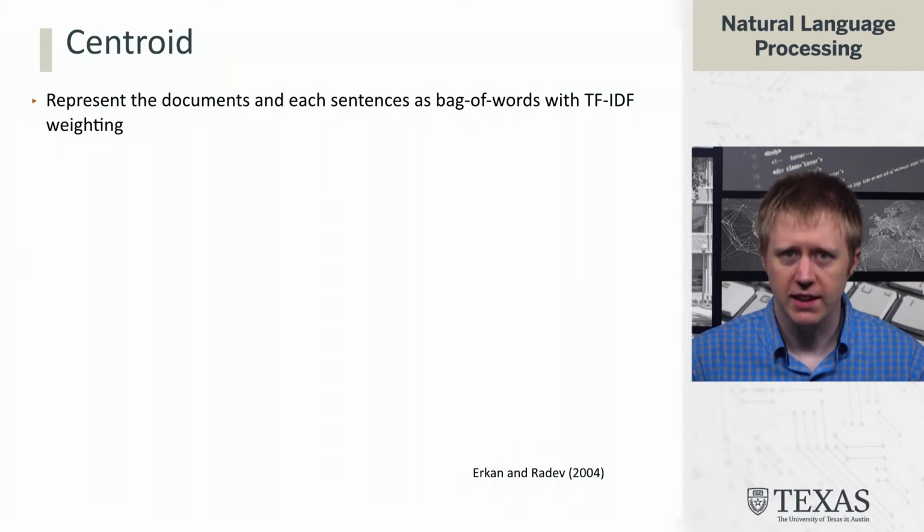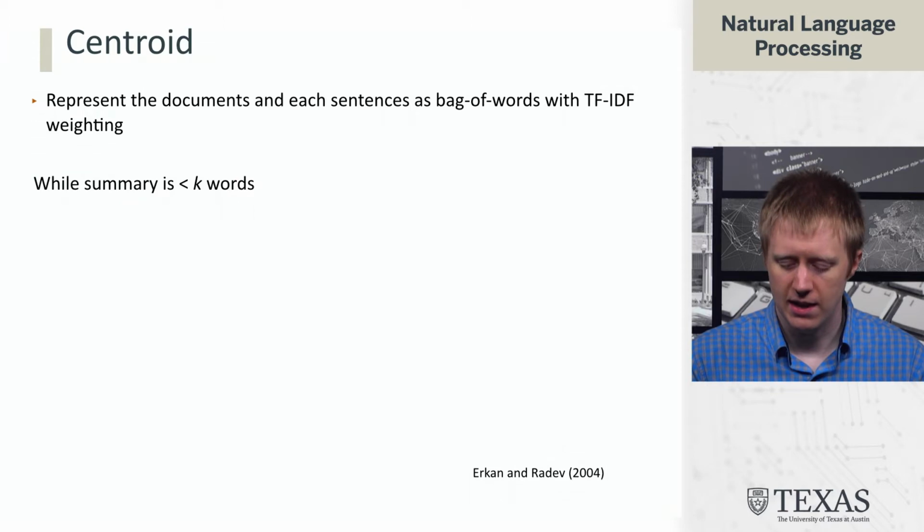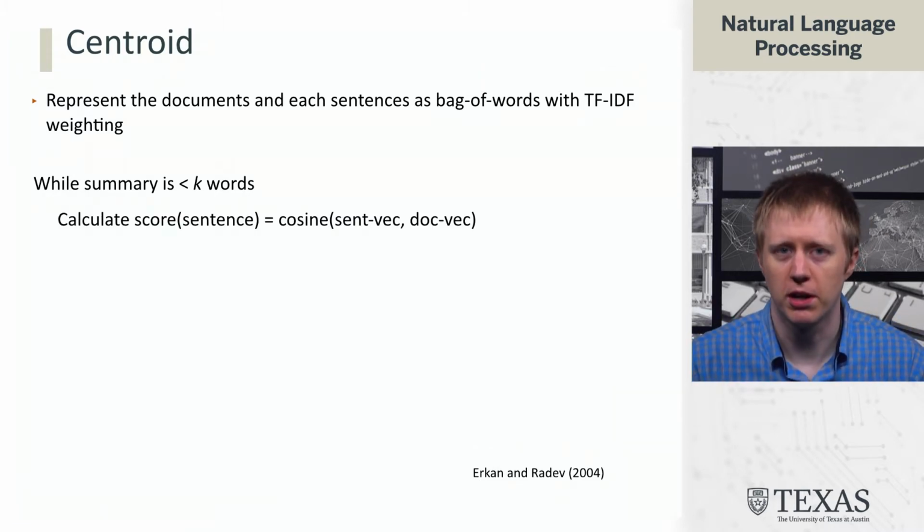A related technique is what's called the Centroid method. We can compute bag of words vectors using TF-IDF for the documents and each of the sentences in the documents. And we could take the same approach where we iterate, an iterative process where we build up a summary.